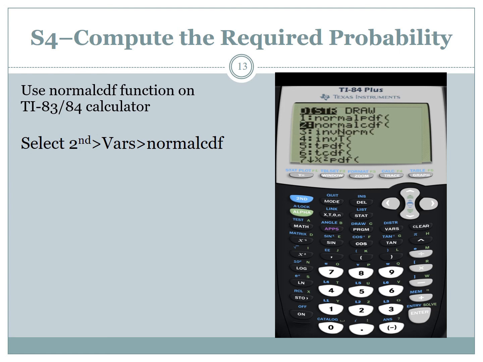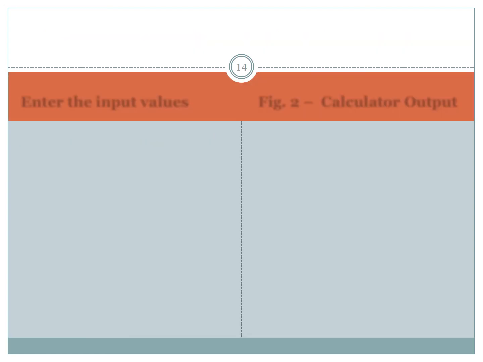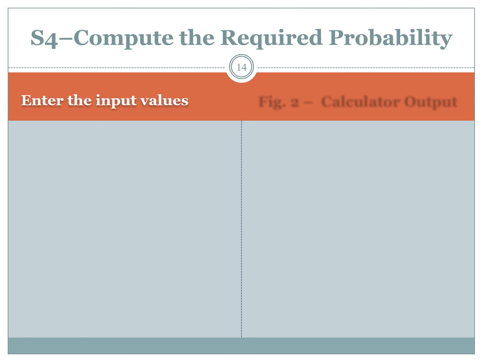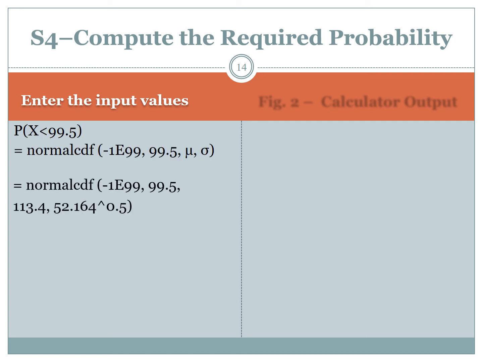Now this normal CDF requires 4 input values. So I'm going to enter in the input values, and we're going to put in from -infinity to 99.5, and we need to put in an approximation there. So we put -1e99, comma 99.5, and it also requires the mu and the standard deviation.